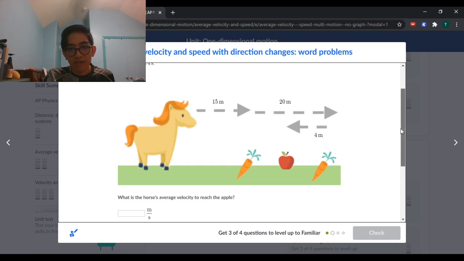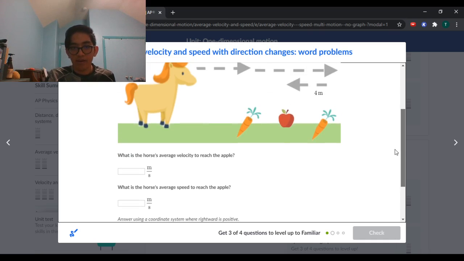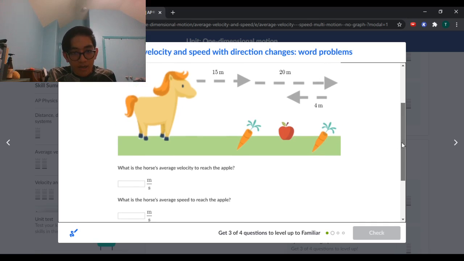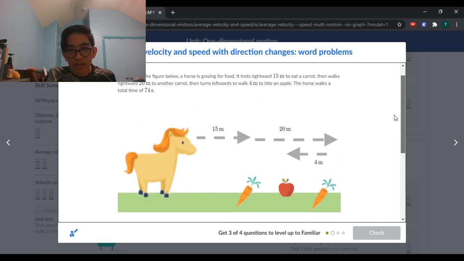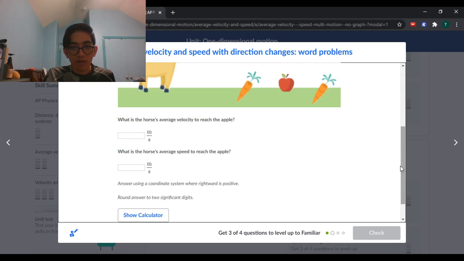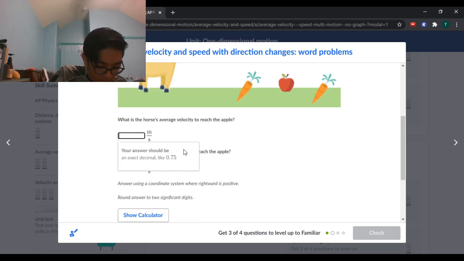And what we have is 31 meters. So 31 meters from the pony to the apple divided by the time spent, 74, right? Which gives you about 0.42.